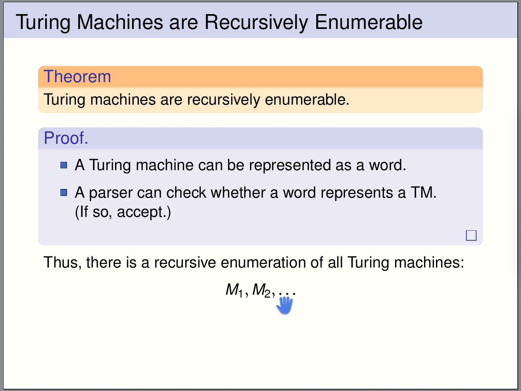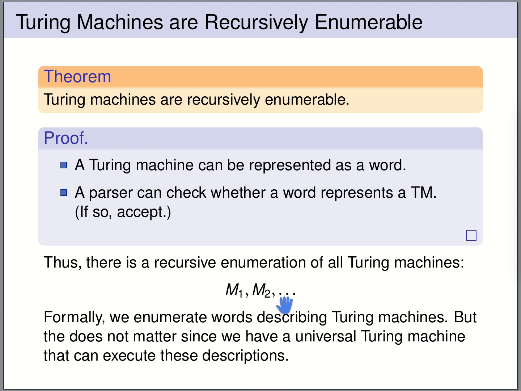This enumeration we can then give to a universal Turing machine which can execute all these descriptions. So we can actually make a Turing machine that enumerates every Turing machine that exists, and we can also use a universal machine to, at the same time, run or simulate each of these machines.